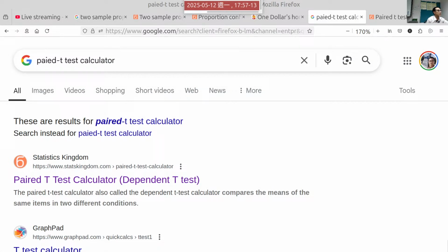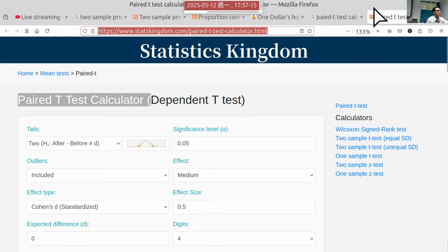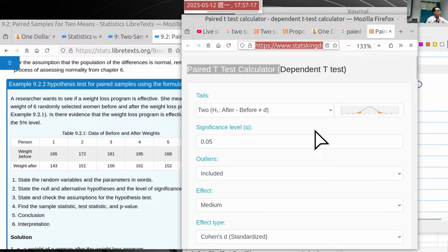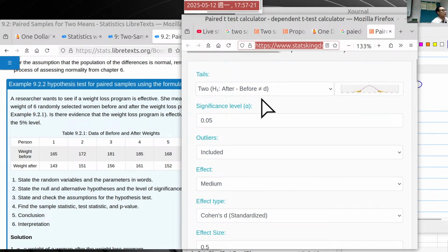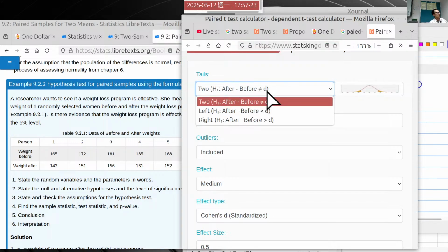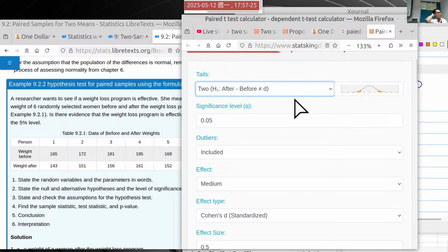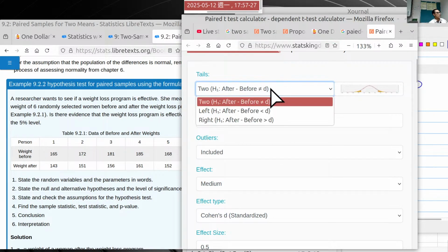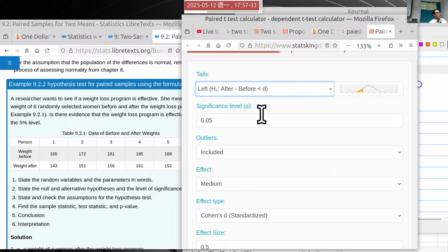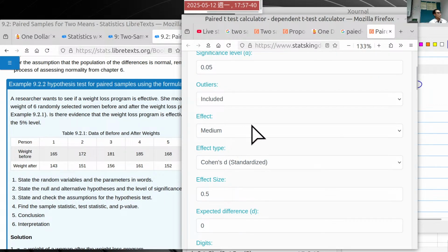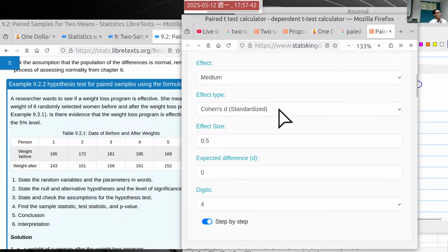Okay, then tails, two sides. You can choose either one side, after minus before, less than average. Either one is okay. And significance level 0.05. Outliers included.